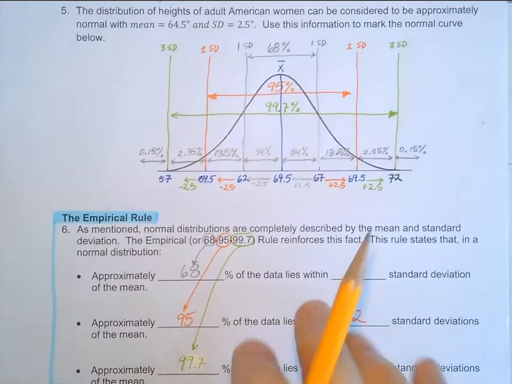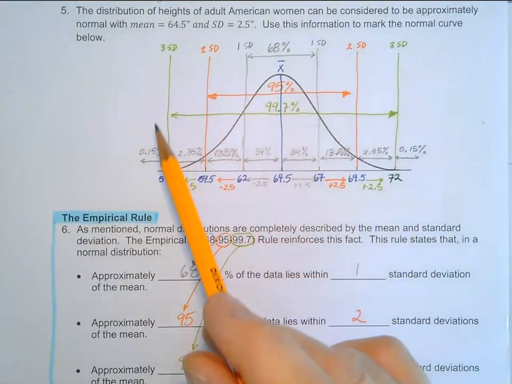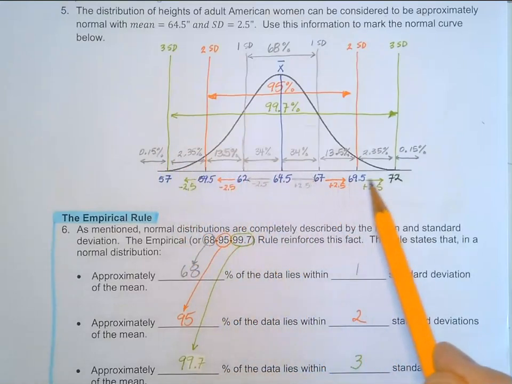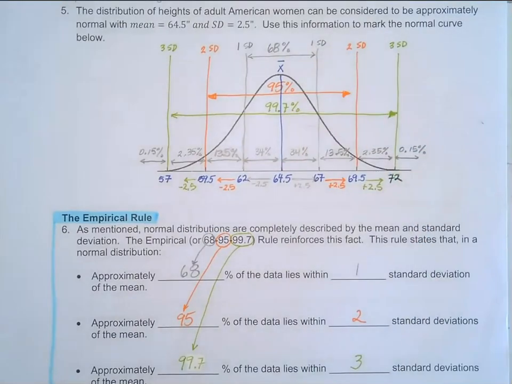So this is going to be really important. These numbers down here, as we continue in the lesson, come from the 68, 95, 99.7 rule.